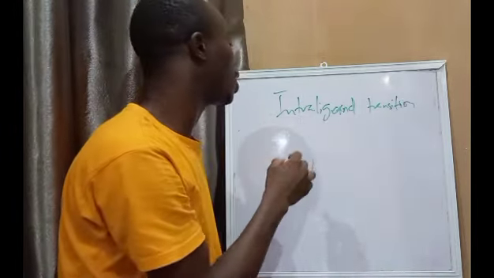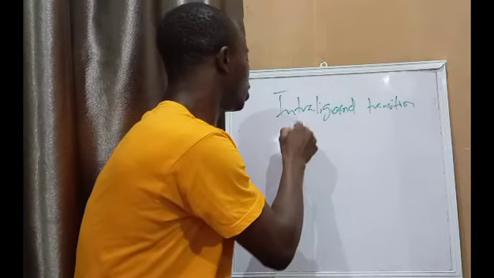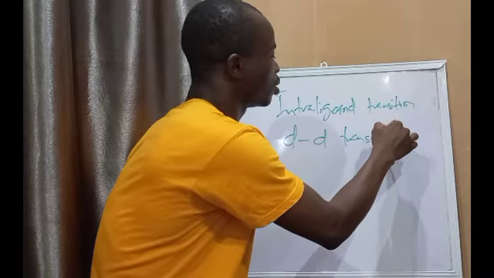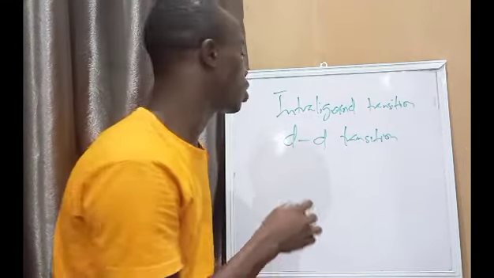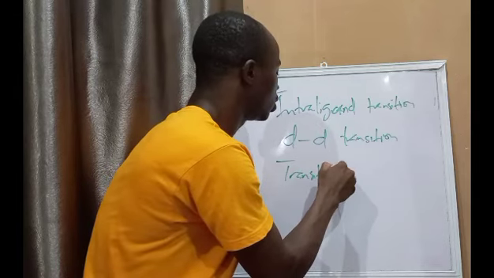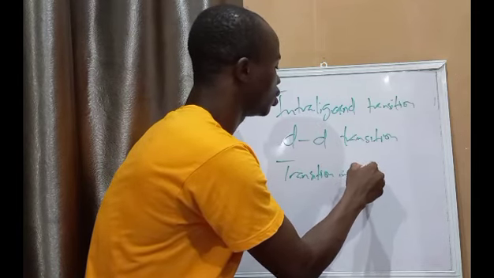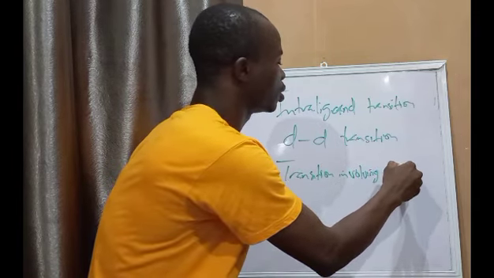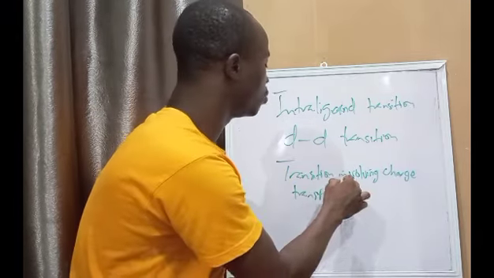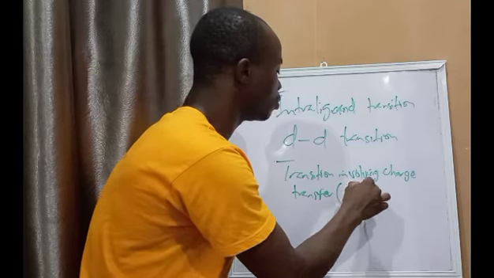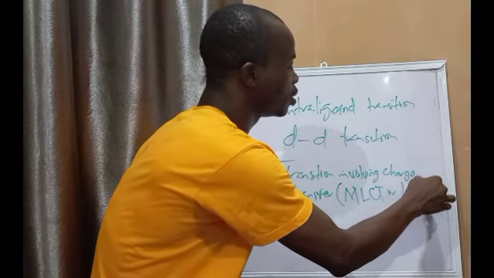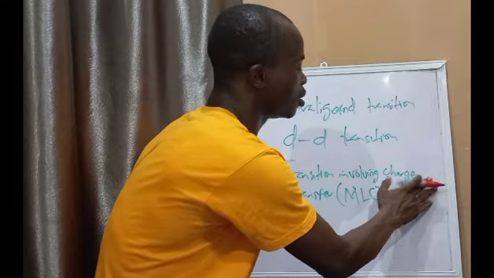The second is the d to d transition, and the third kind is the transition involving charge transfer. This can either be MLCT or LMCT. I will explain what that implies.